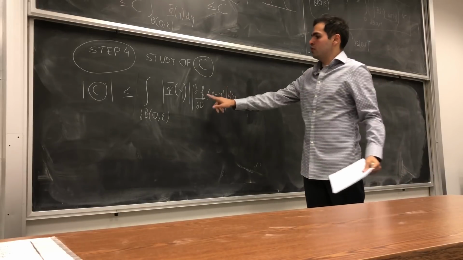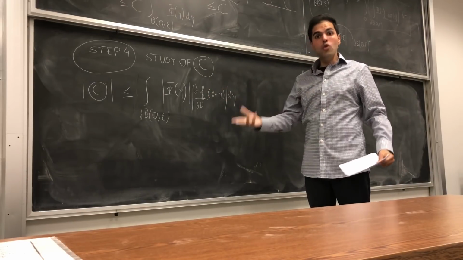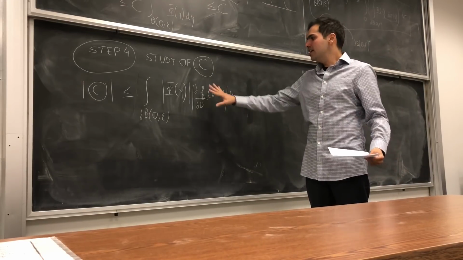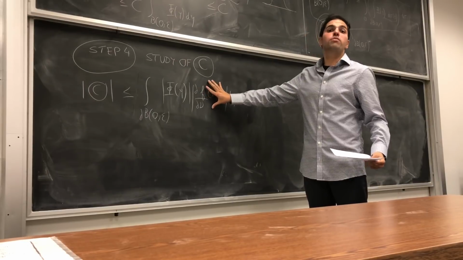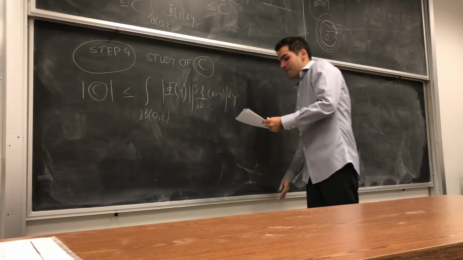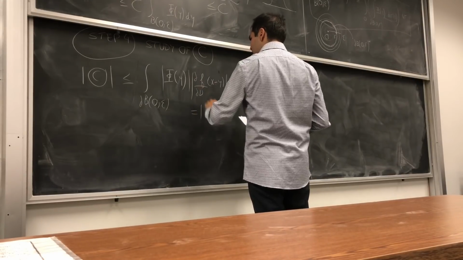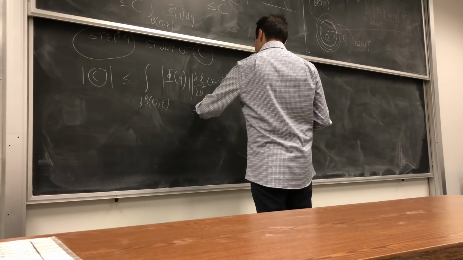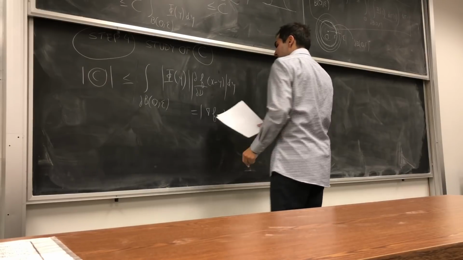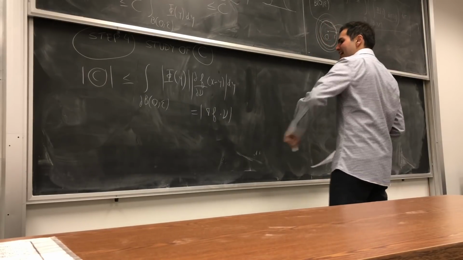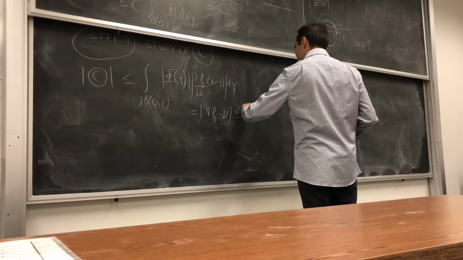And as usual, f is smooth and has compact support, so basically this term doesn't really matter because it's bounded. But let me just quickly show you that. What is df over d mu? It's the gradient dotted with mu, and then you can use Cauchy-Schwarz.